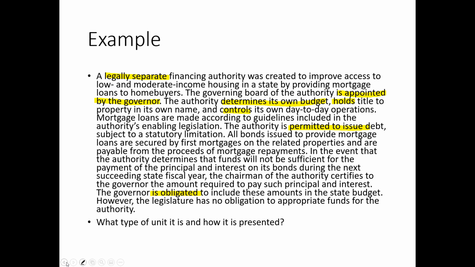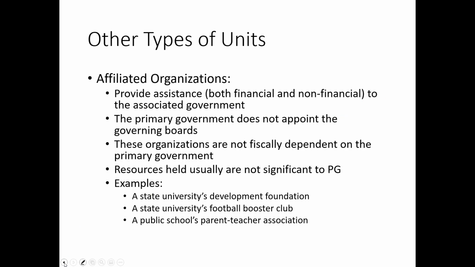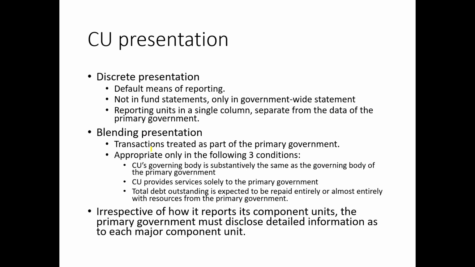Yeah, it is a component unit. But how are we going to present it? Next question. So let's go back to the blending criteria. Is the CU's governing body substantially the same as the governing body of the primary government? Probably not. See, provide service solely to the primary government? Yeah, they're helping the public.